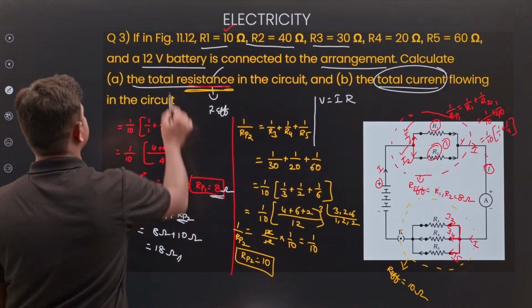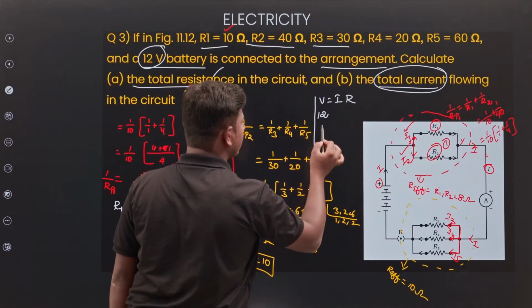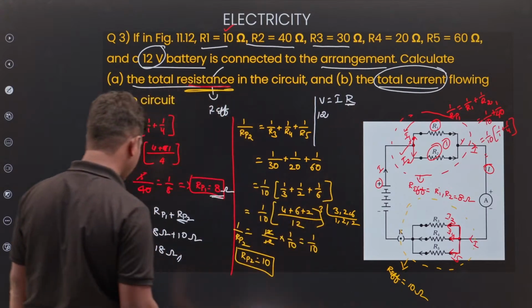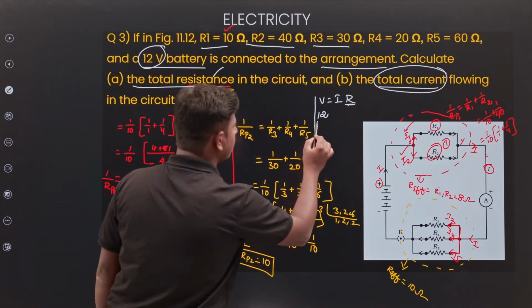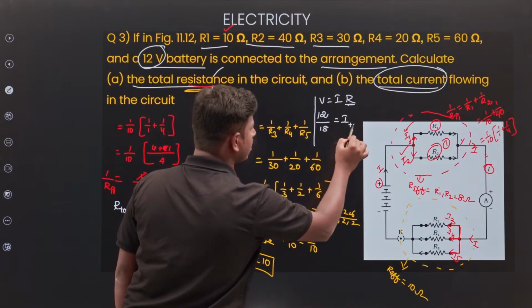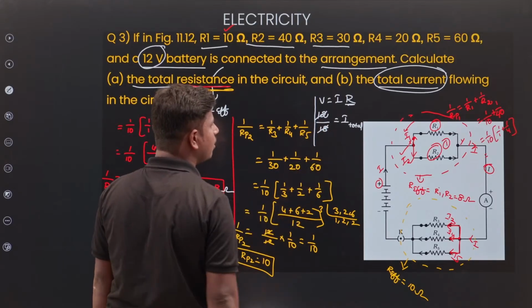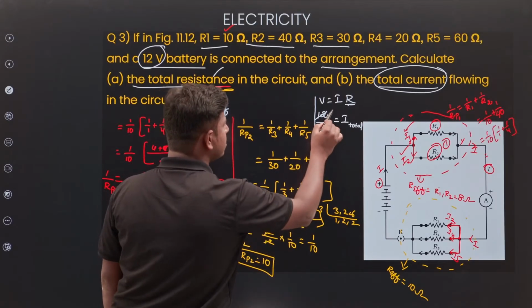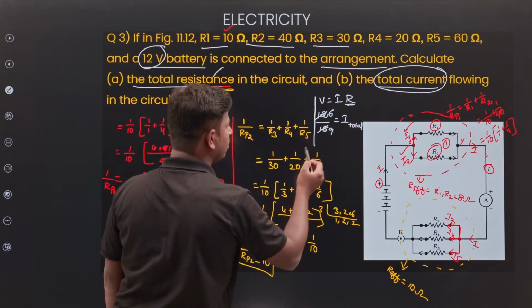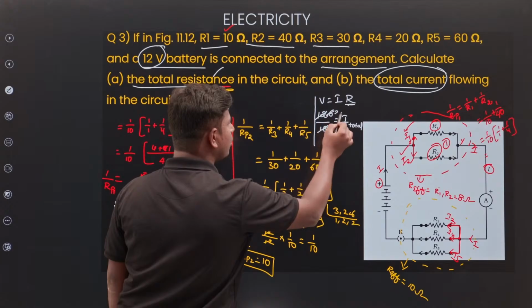Voltage is given, 12 volts. Resistance, how much we calculated? 18. 12 by 18 is equal to total current. I total is equal to 12 by 18. Calculate 12 by 18: 2 table 6, 9. Again 3 table 2, 3.